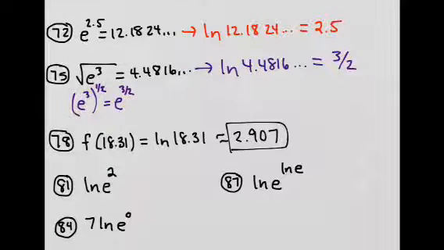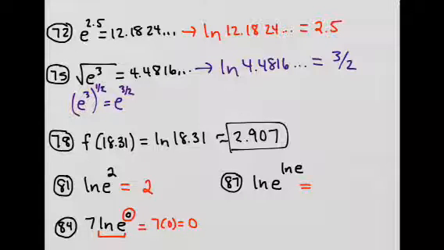So for 81 through 87, we're simplifying using the properties to rewrite the expression. For 81, natural log of e squared is just 2. And for 84, this part right here is 0 because of that 0 right there, so 7 times 0 is 0.